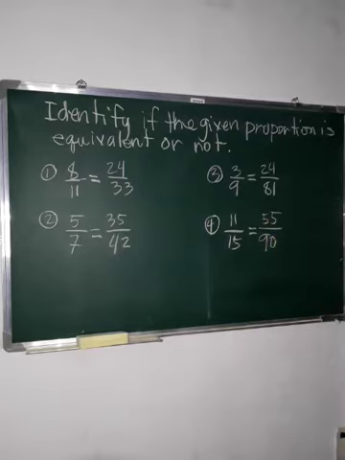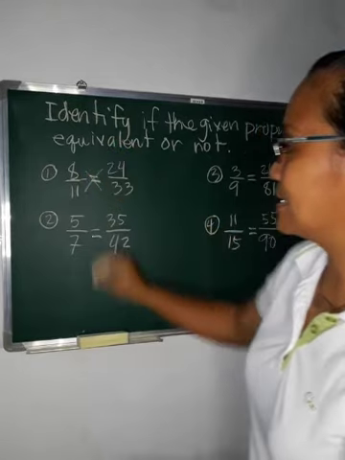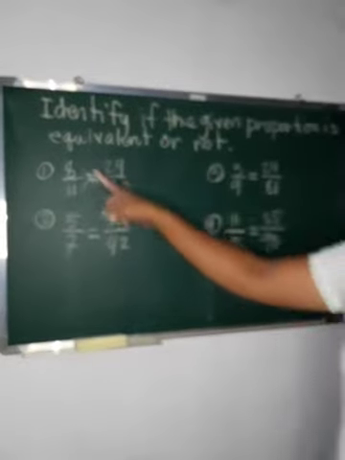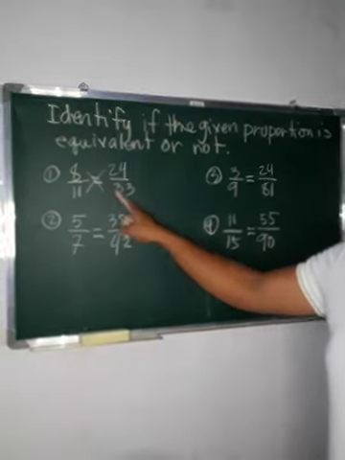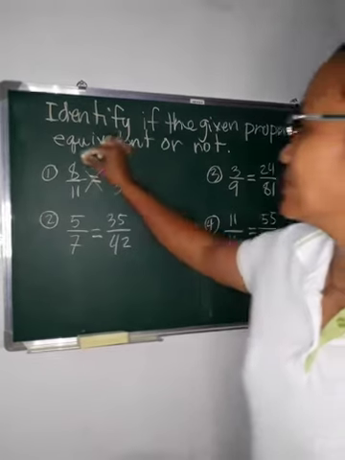Okay, so the rules in identifying a proportion, if it is equivalent or not, it's very easy. How? By doing the cross product. So let's start with 8 and 33. So 8 times 33, we have 264.